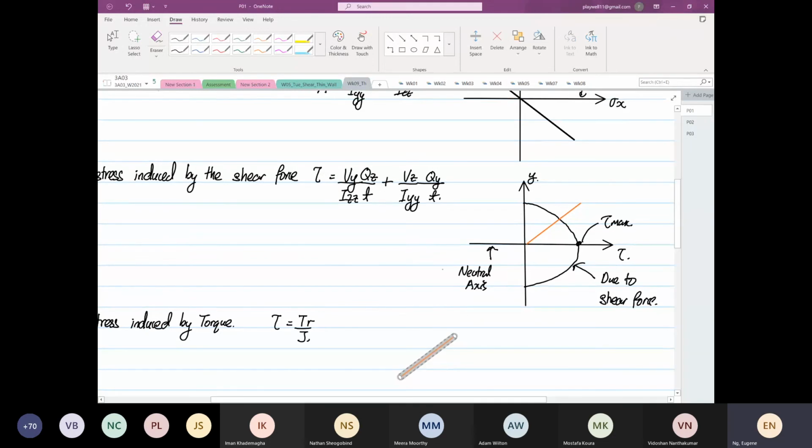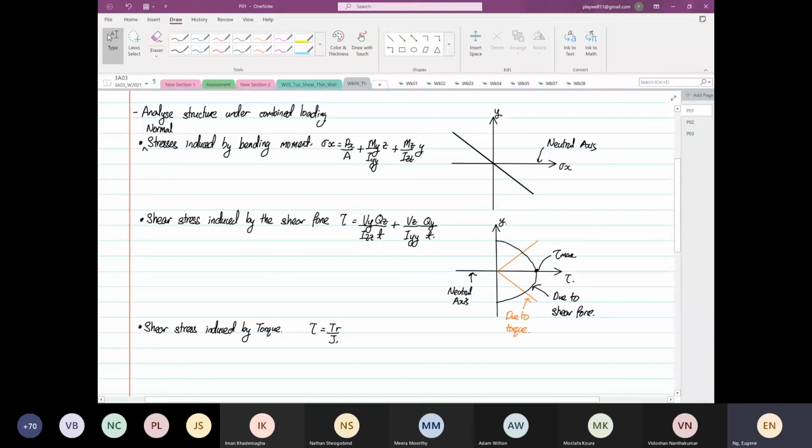So I'm going to paste, I'm going to flip this. Okay, so now what we see is due to the torque.